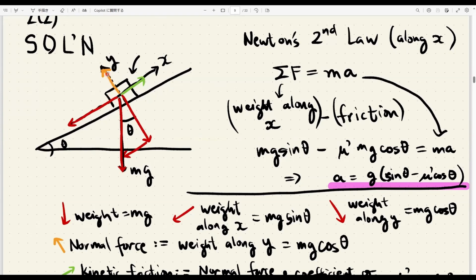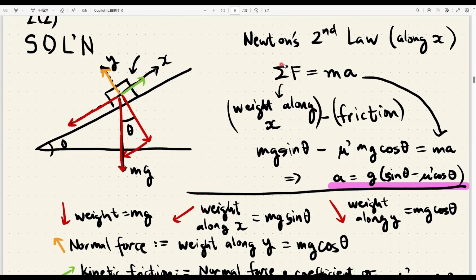So we're more interested in this direction, along the x-axis. Newton's second law tells us that the sum of all the forces in that direction is equal to the mass times the acceleration in that direction. And that is the acceleration that we're actually interested in, the acceleration in that x direction.